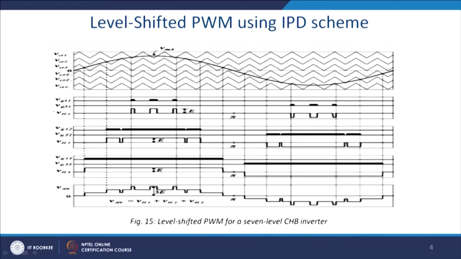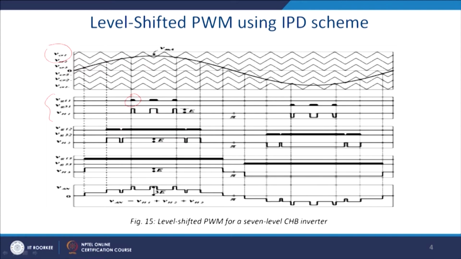You can see that these are the gate triggering for the first gate, second gate, third gate, and same way for the others. Ultimately this will come into the picture when only upper carrier wave 1 is on. Then only this will come, and ultimately this will come when it is above it, and similarly.